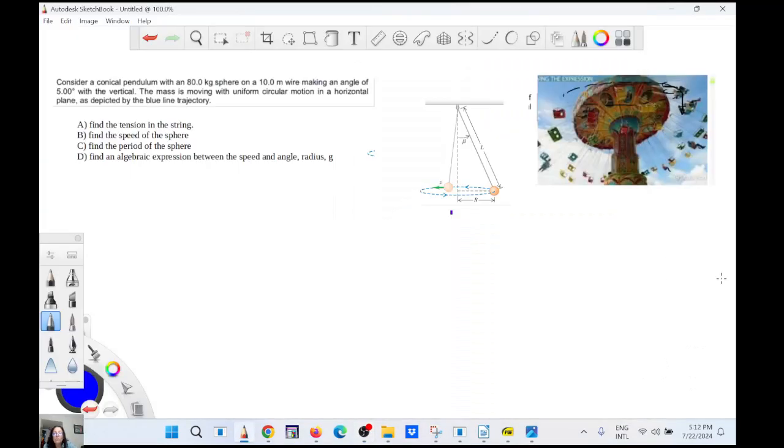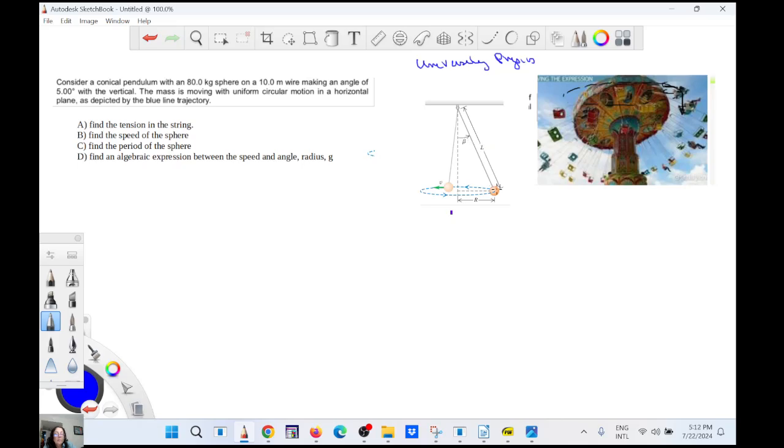So this one is also a classic one. It's a conical pendulum. This picture I took from your book. Again, the textbook is University Physics. You can see in real life what could be a conical pendulum.